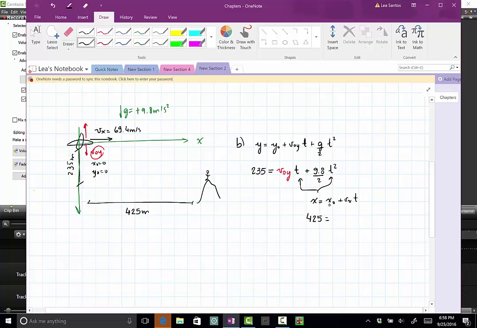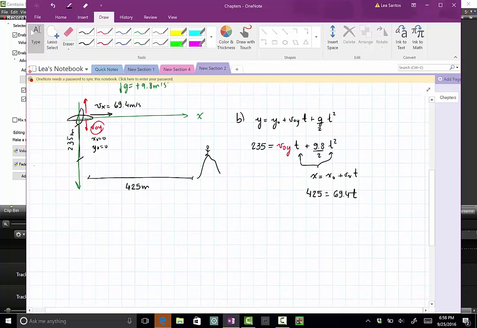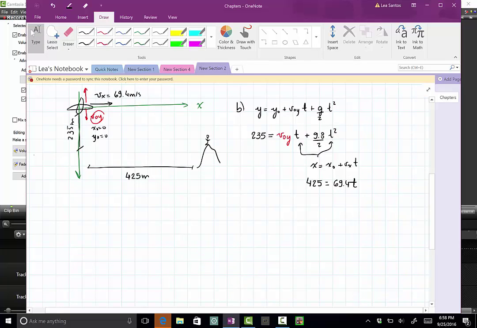Initial x is 0. Initial velocity is 69.4, positive because it's to the right. And so from here I get the time, and then I will find the velocity. You will see that from this equation we will get the sign of the v naught.